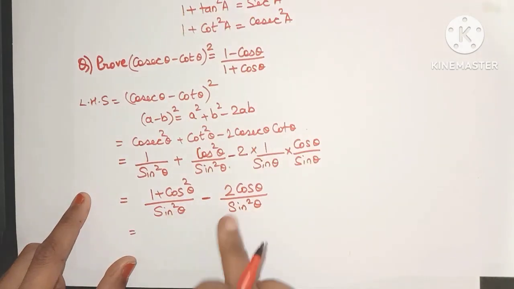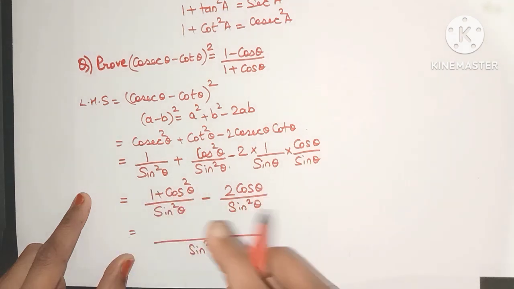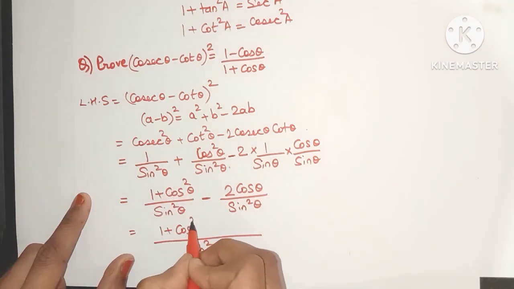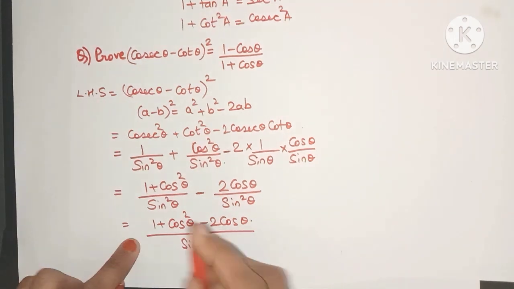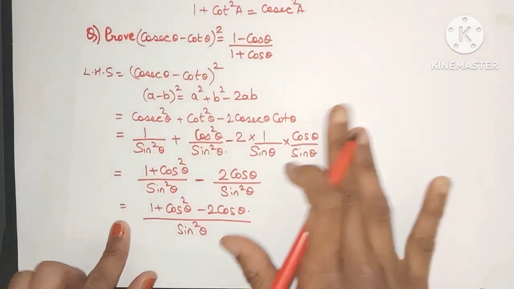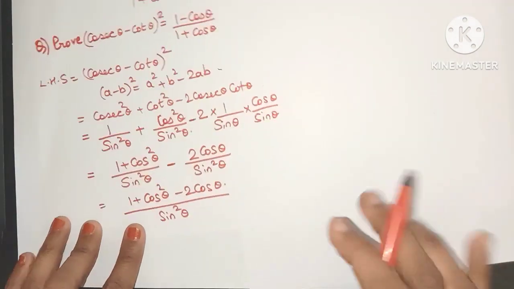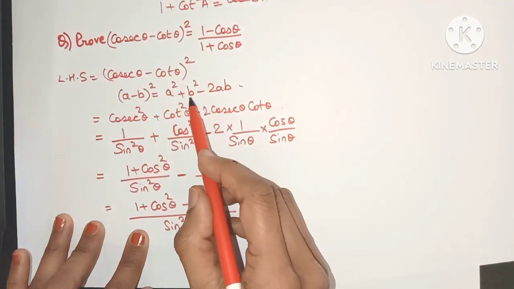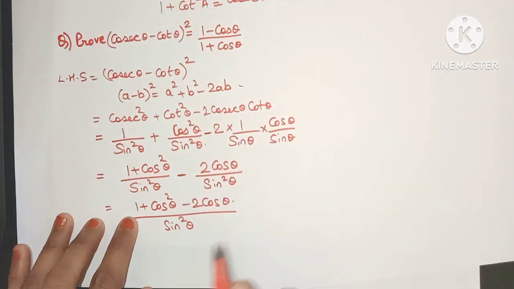Did you observe again the denominators are same, so I can directly subtract. So I'll get 1 plus cos square theta minus 2 cos theta. Again, what does this look like? If you observe, this looks like the same identity over here. See, A minus B the whole square, the same identity where A is 1, B is going to be cos theta.